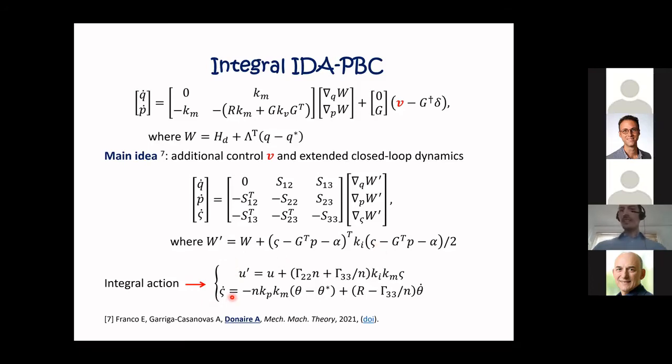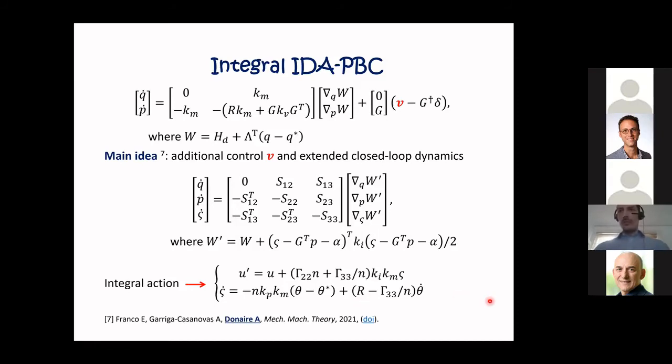Here we see that the integral action includes the effect of damping. So linking back to what I mentioned in previous slides, damping is something that we have to account for, and it actually has repercussions at several levels, both in the control law and also in the stability conditions.